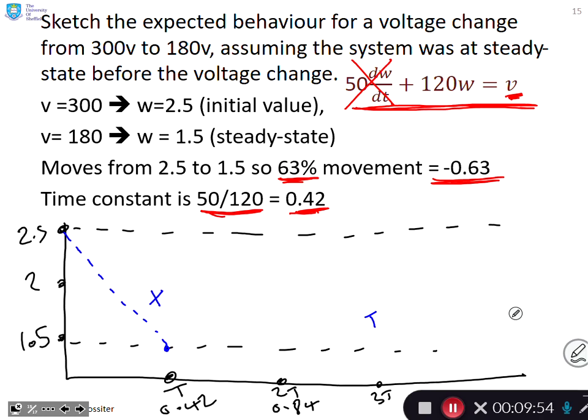I also know that after 3 time constants I'm 5% away, and 5% of 1 is 0.05, so I can work out where that is. That's going to be 1.455 if you want to find it. So now all I do is create a plot that has the correct initial gradient and goes through these points.